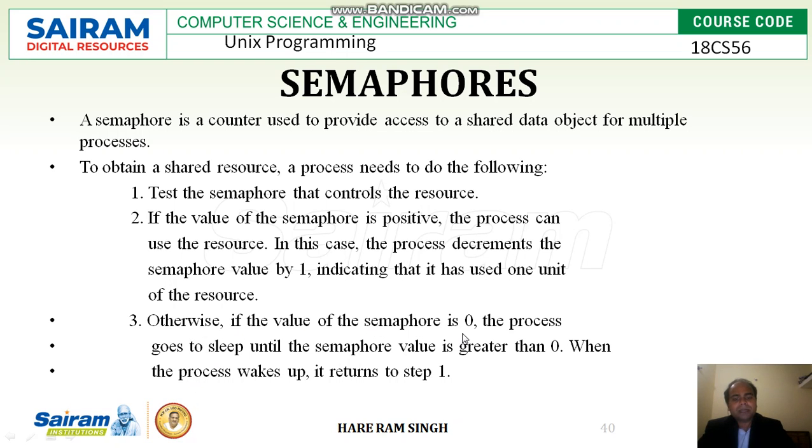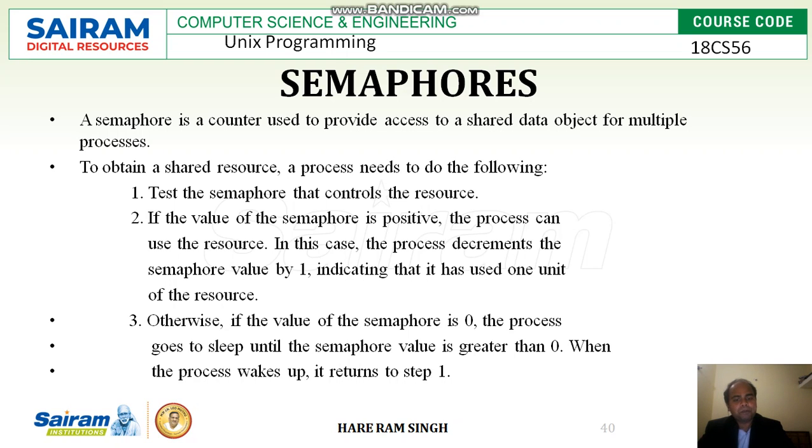Otherwise, if the value of the semaphore is 0, what will happen? If the value of the semaphore is 0, then the process will go to sleep until the semaphore value is greater than 0. You remember, a process can access the resource only if the semaphore value is greater than 0.